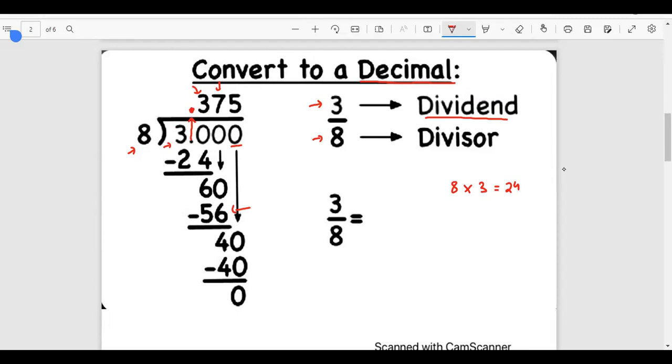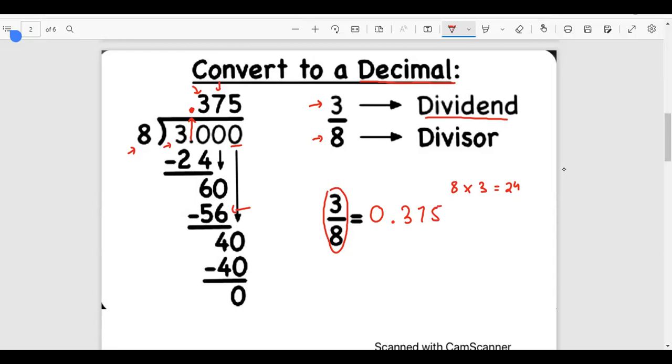So when I will write down 40 here, the difference would be of 0, remainder is 0. So this entire fraction 3 by 8 has been converted to a decimal number. So it would be 0.375. So I am going to repeat it once again.